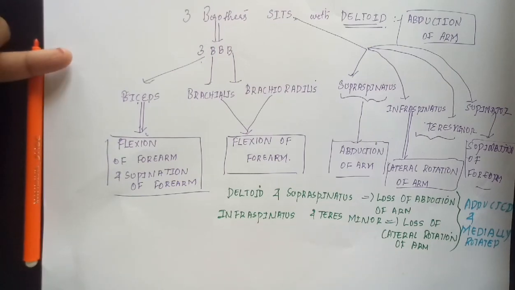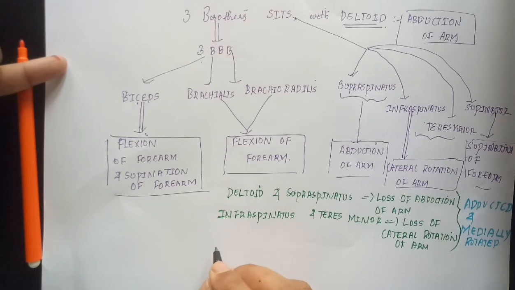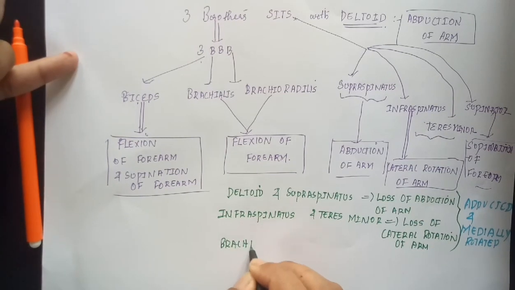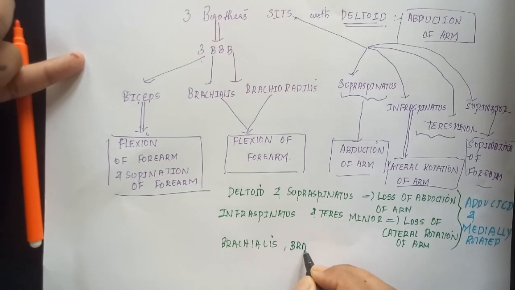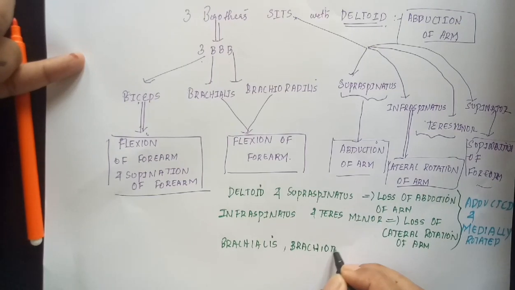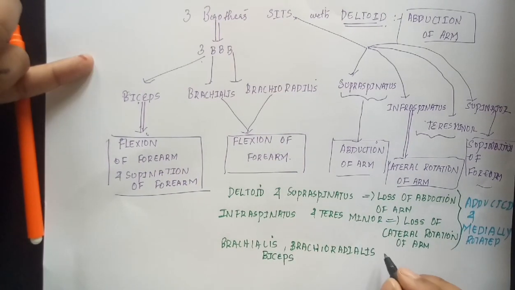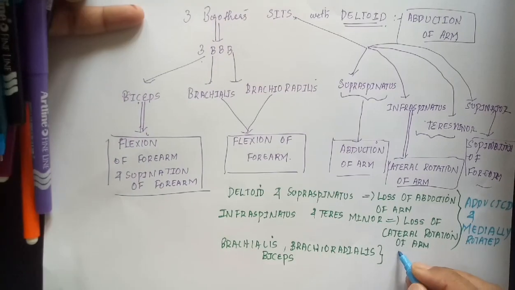And as the nerve supply to the brachialis, brachioradialis, and biceps is gone, it results in loss of flexion of the forearm.